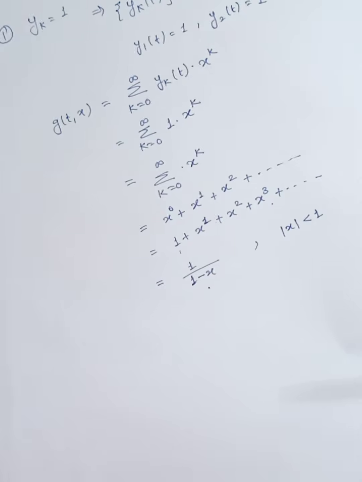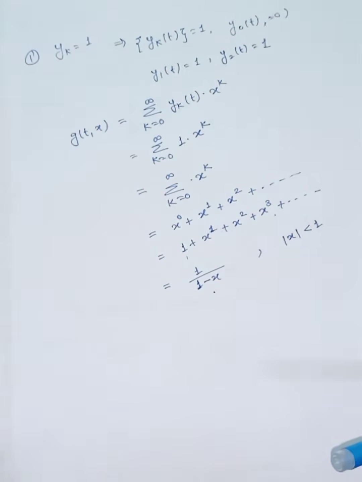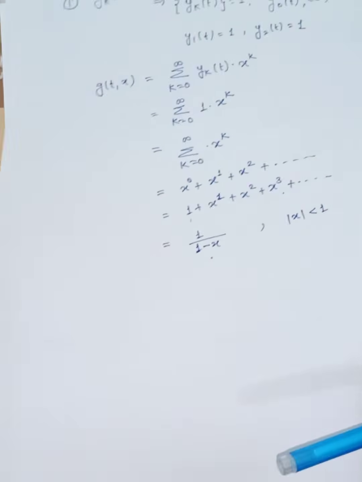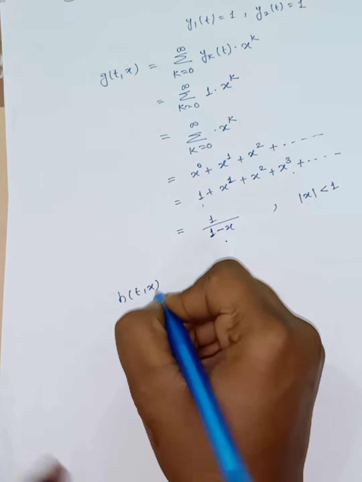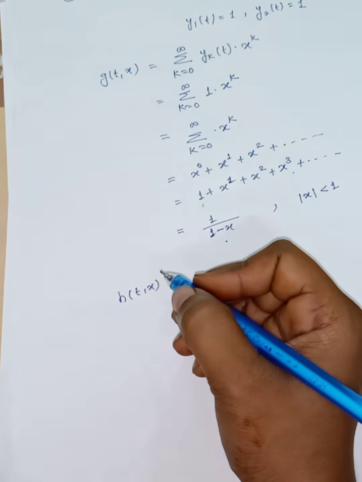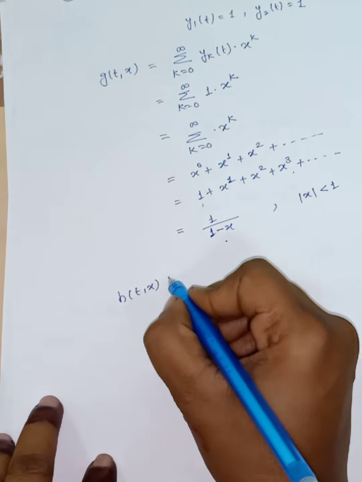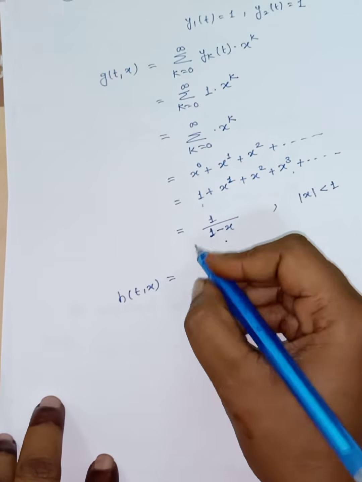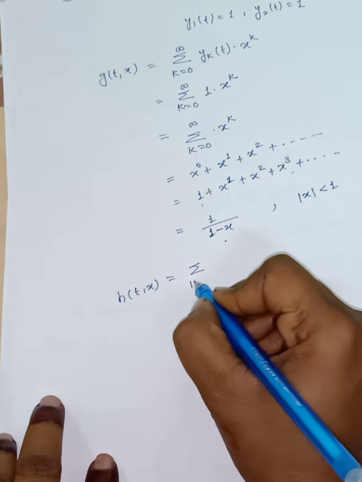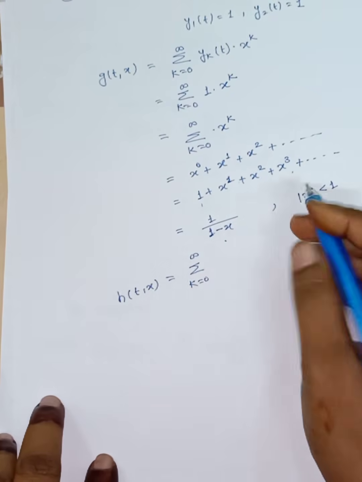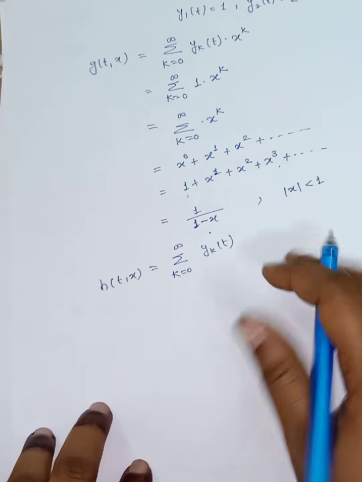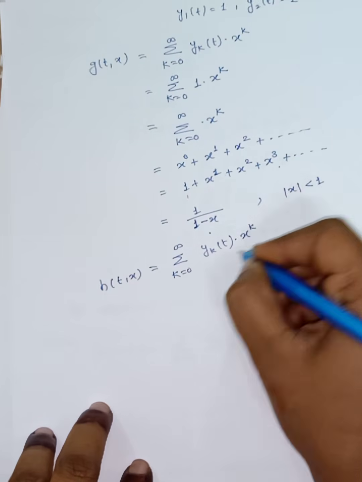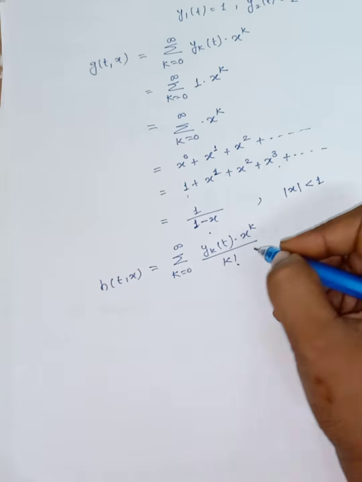and now we have to find the h of t x. Okay, so for h of t x, what we have to do? What is the formula? Formula is summation from k equals to 0 to infinity yk t into x to the power k by k factorial, correct?